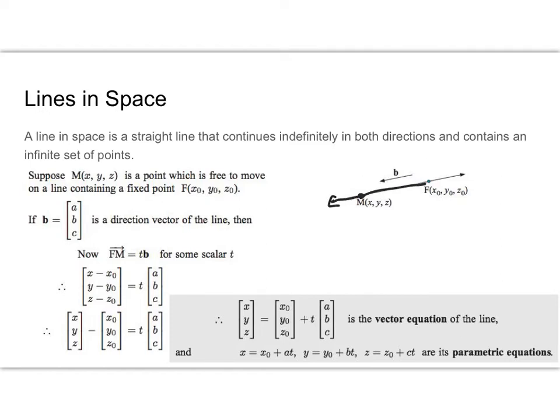Of course, it'll be moving in this direction because my direction vector here points that way, and F is a fixed point on the line. So this point can't move, but this one can.